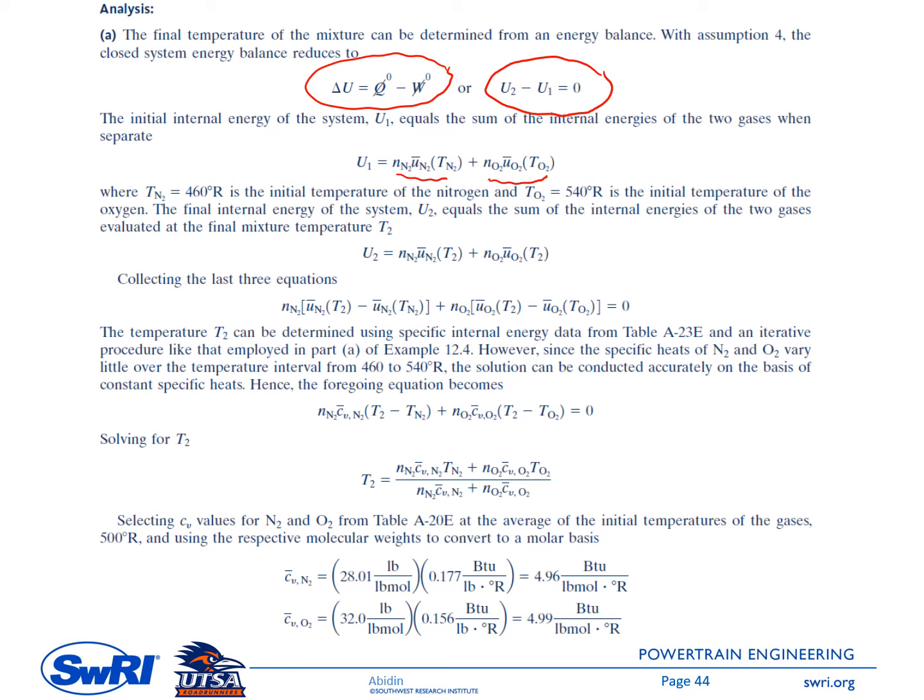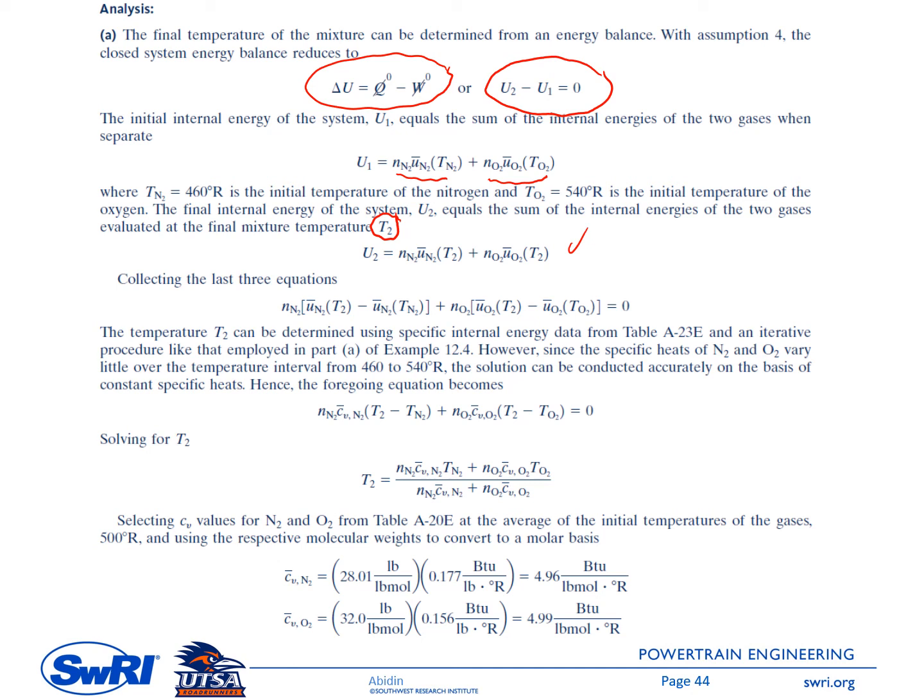The temperature of nitrogen is 460 degrees Rankine, and for oxygen it is 540 degrees Rankine. The final internal energy of the system, U2, also equals the sum of the internal energies of the two gases, evaluated at T2, and T2 is what is asked by this question.